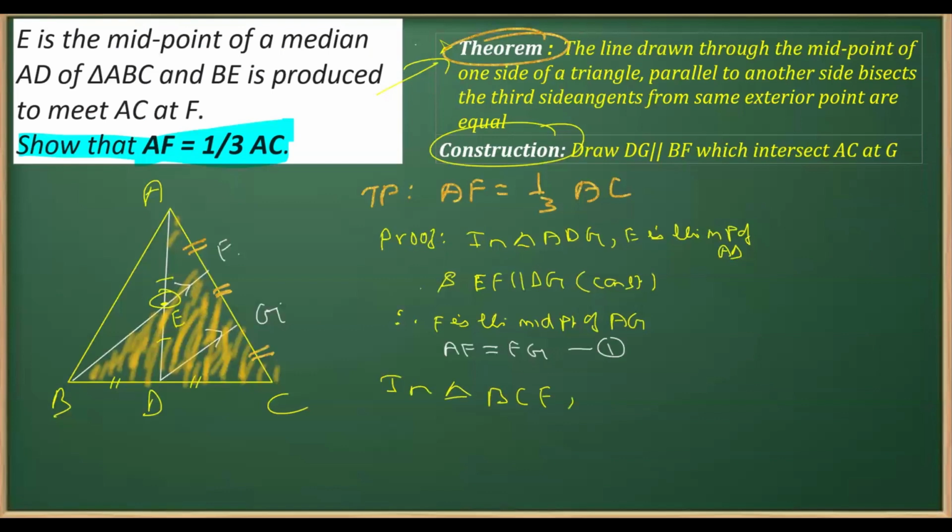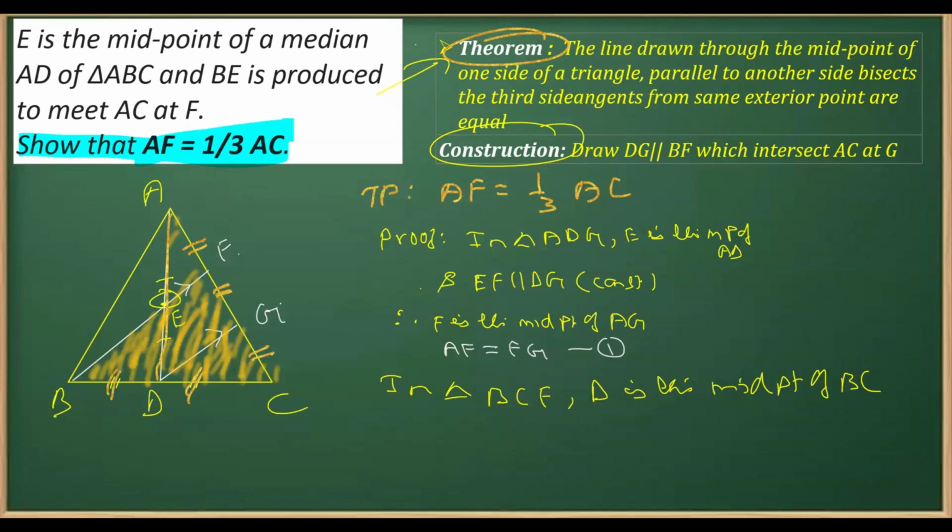In triangle BCF, you can see that D is the midpoint of BC. This is because we know AD is a median, and I told you in the beginning that a median divides the opposite side into two equal parts.